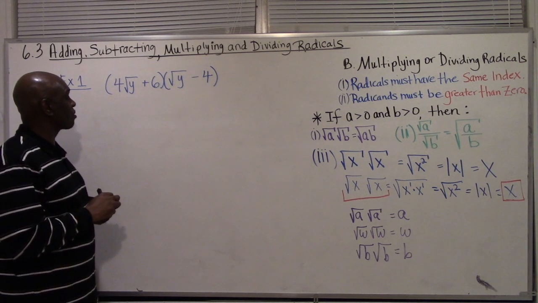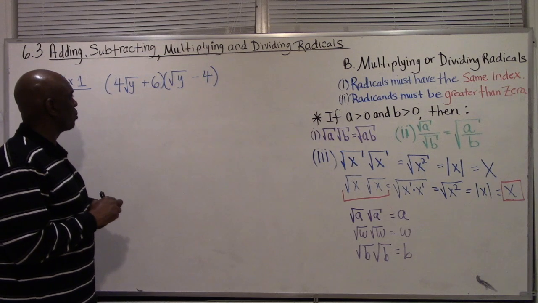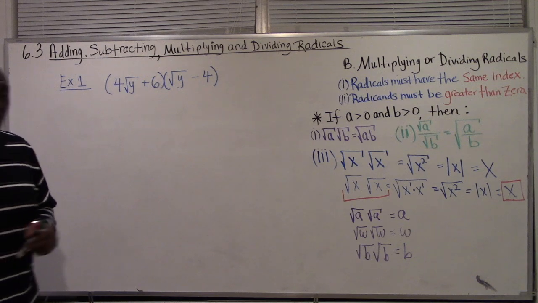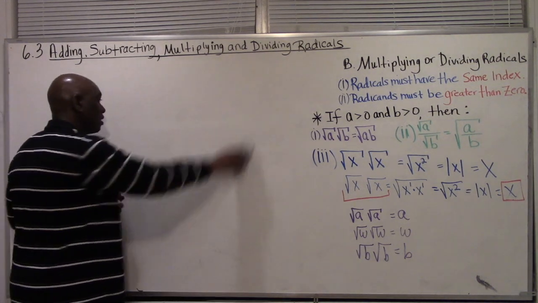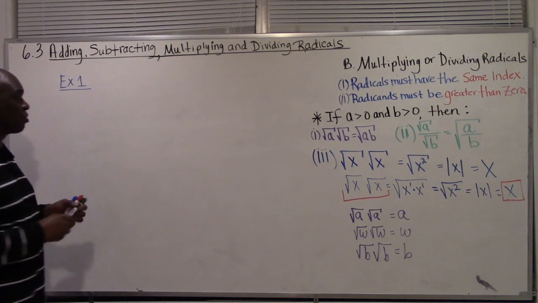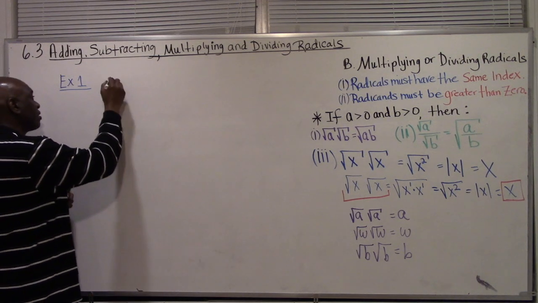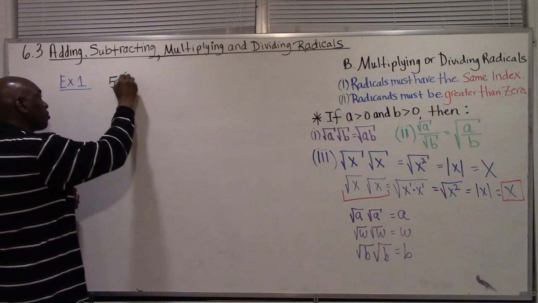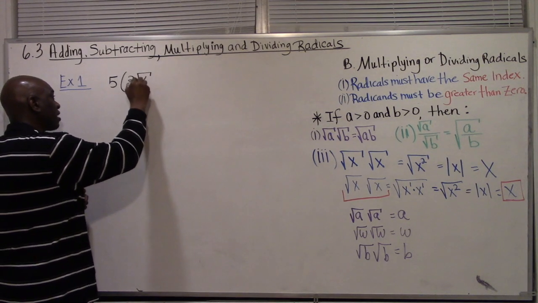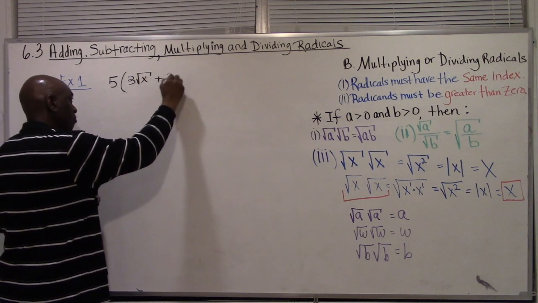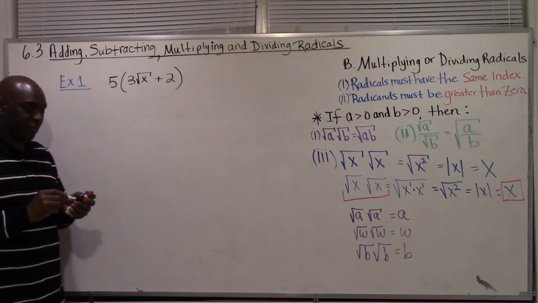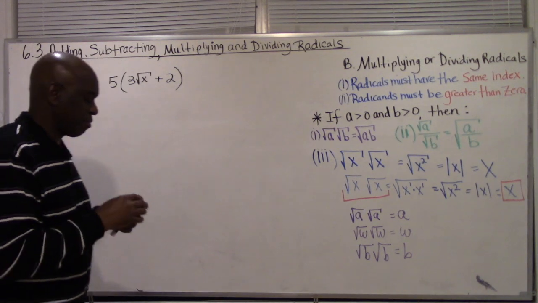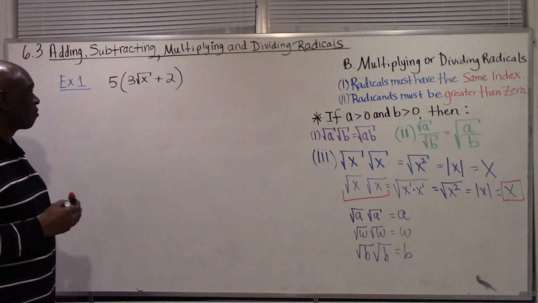Now in this case, what we have to do, well, you know what? No, don't start off like that. That's a bit too much for example 1. Let's start off just a little simpler than that. Let's do this for example 1. Give me 5 times 3 square root of x plus 2. Let's do that first. That's a better way to start. That's easier. Here we go.